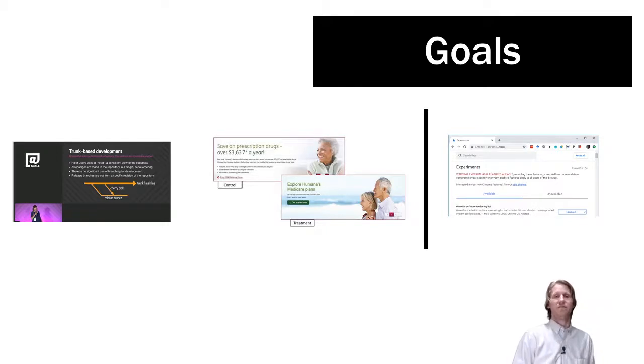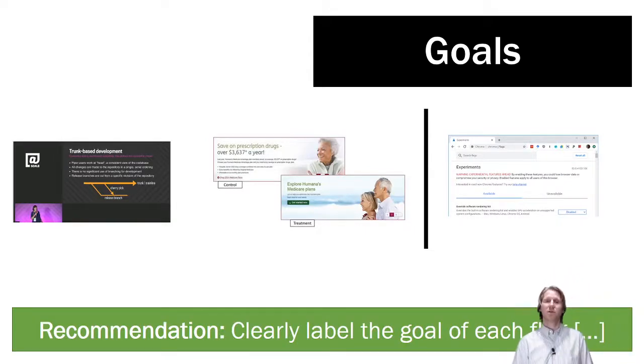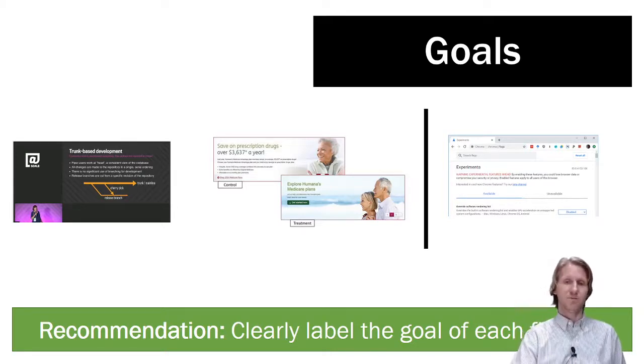But other feature flags for trunk-based development, A/B testing, and Canary Releases are quite different. They usually don't have a long lifespan, or they're not intended to. The developers are in control, or operators are in control of using them. And there are lots of differences when it comes to managing them, thinking about them, and tooling for them. We have several recommendations, but we think clearly labeling the goal and distinguishing different kinds of flags is actually really beneficial.